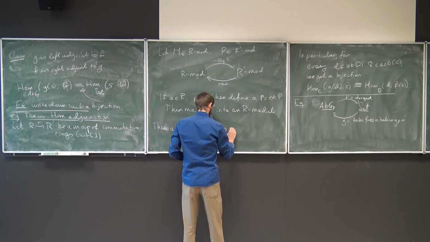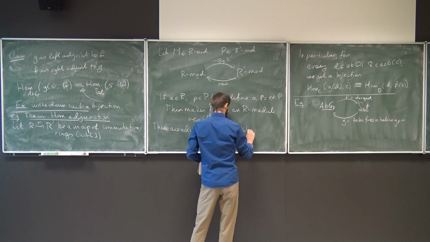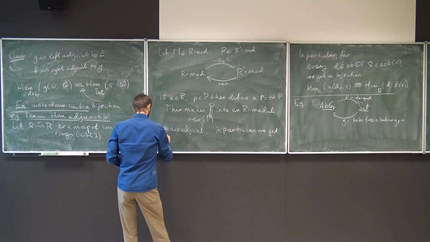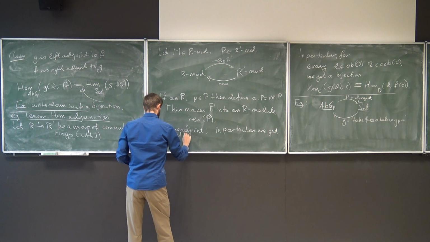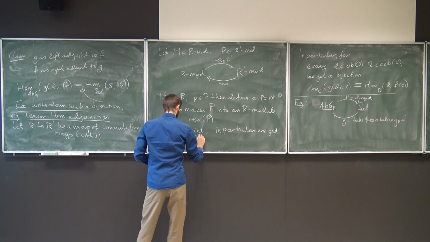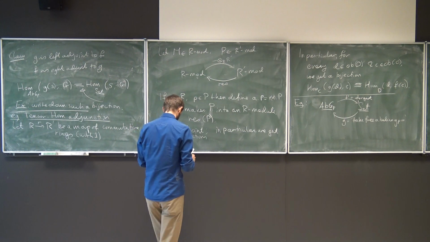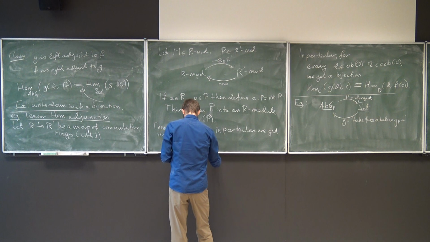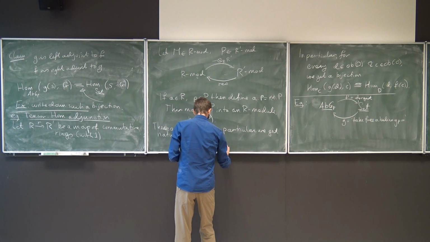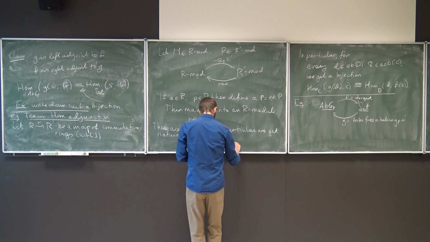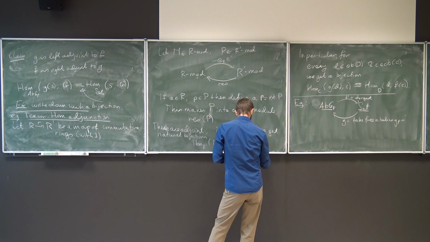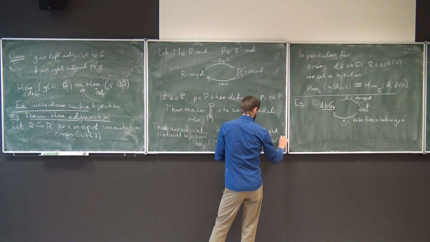In particular, we get natural bijections. So how should this go? Hom as R prime modules from M tensor over R with R prime, comma P, equals Hom as R modules from M to res of P.